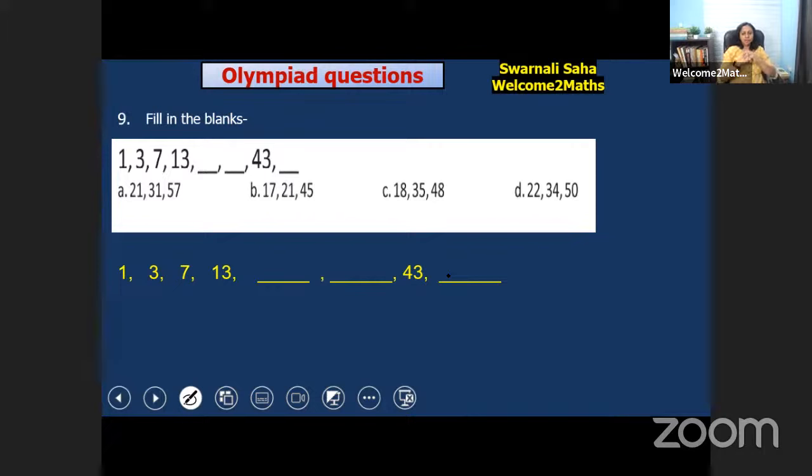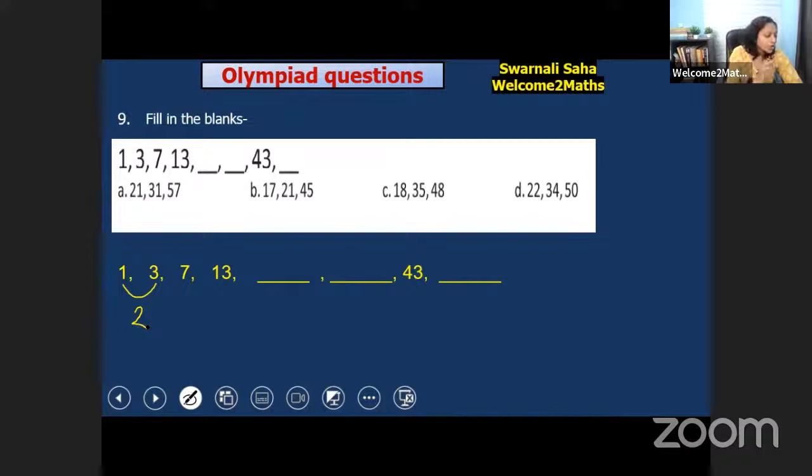Some different answers are coming. So let's check the answer. You see, 1, 3, 7, 13. The difference between 1 and 3 is 2. Whenever you get this type of question, always check the differences.